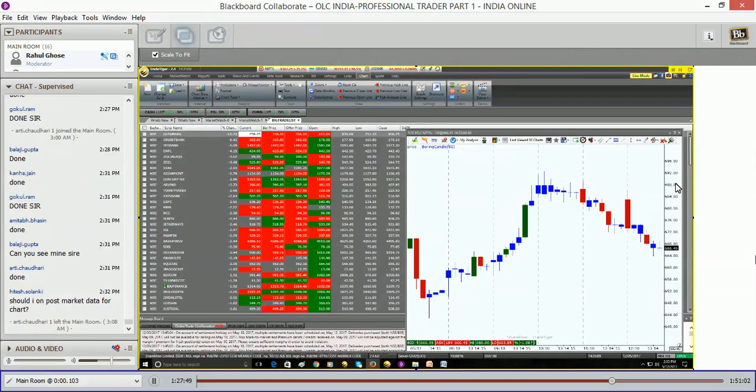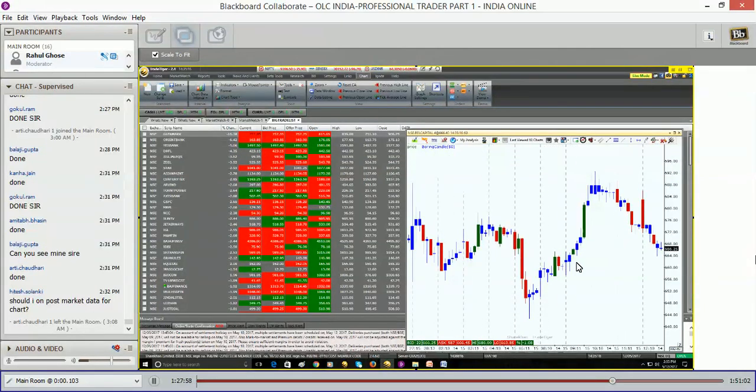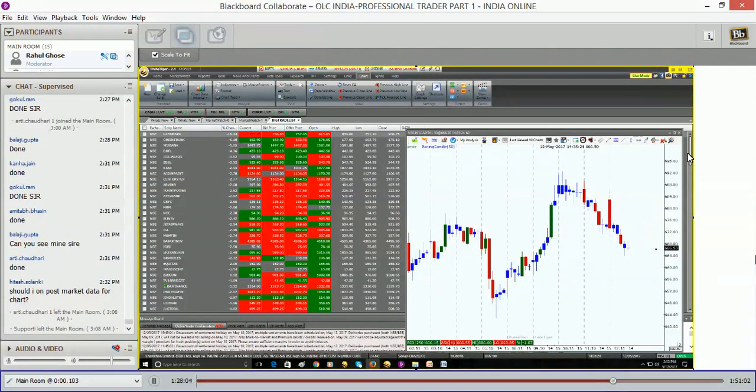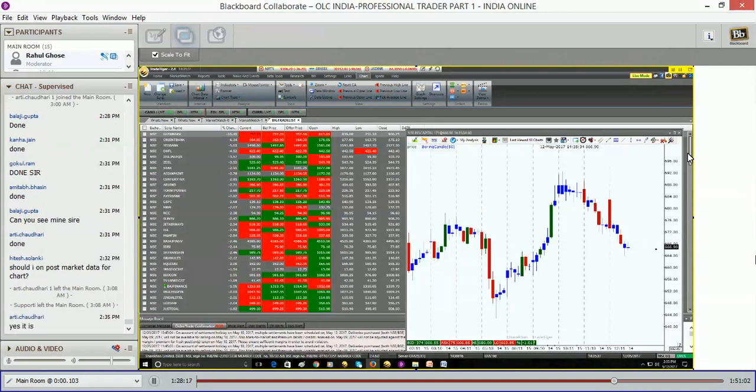Aarti, can you check if your settings are the same as mine, or are you using an old version of Trade Tiger? This is my graph, what you're seeing on my screen. I have a feeling your graph is a little different from mine. I think your settings are not the same. Yeah, Balaji, now can you mark it, please?